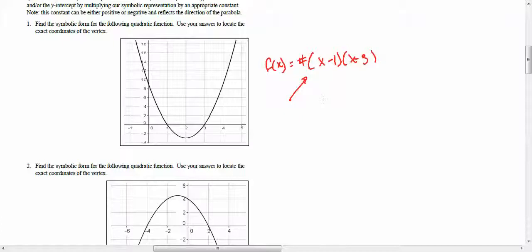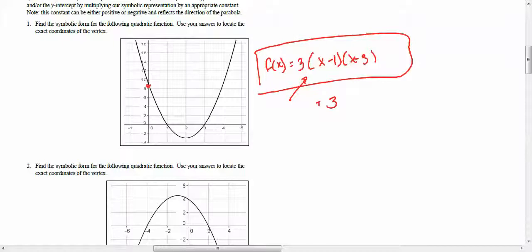That would be negative 1 times negative 3, which is positive 3, because you plug in 0 here and that's negative 1, plug in 0 here and that's negative 3. Multiply those two together, you get positive 3. But that's not my actual y-intercept. My y-intercept looks like it's 9. So that tells me I've got to bring everything up by a factor of 3.